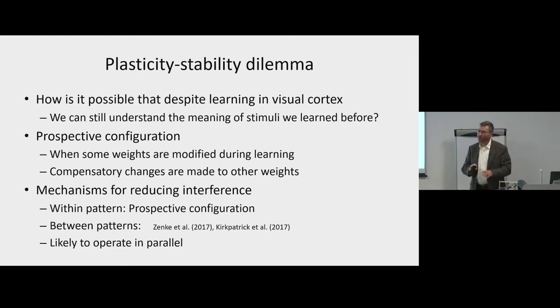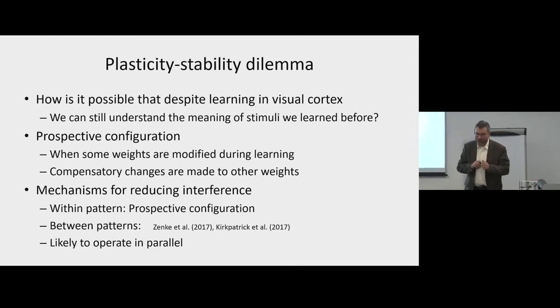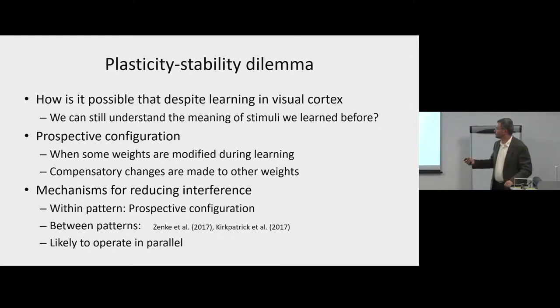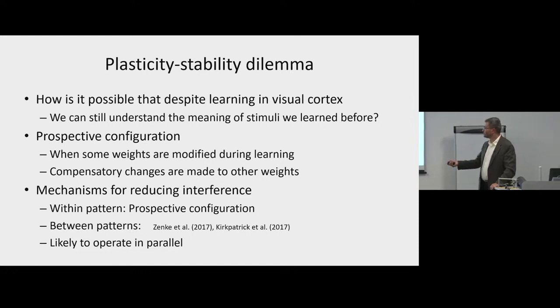And I also just want to highlight that there are many other papers which address the issue of reducing interference during learning. They are approaching this from a slightly different angle. Prospective configuration reduces interference within a pattern. So this is like in the salmon example. You have some information in the pattern which should be preserved and some information which should be changed.